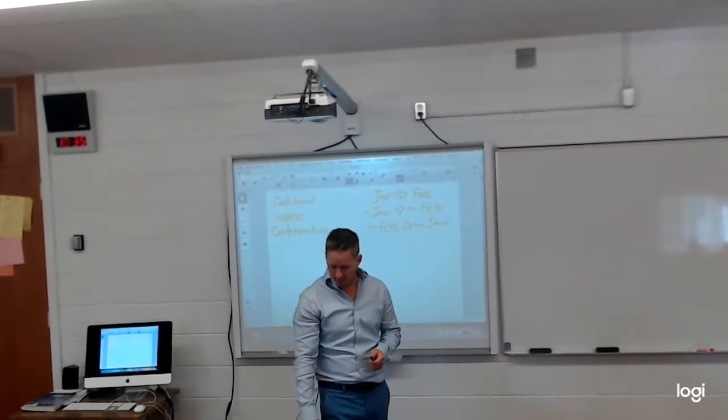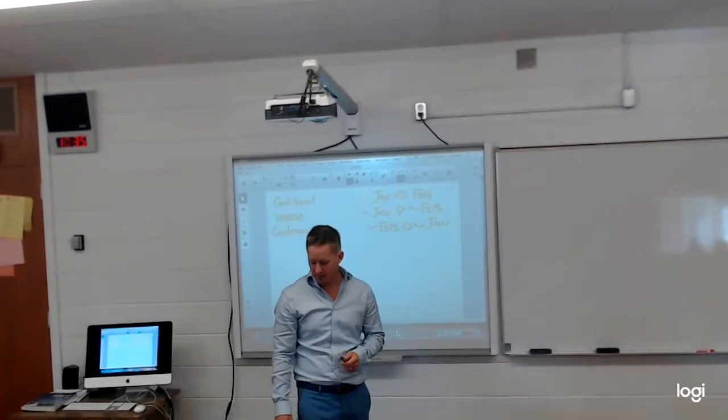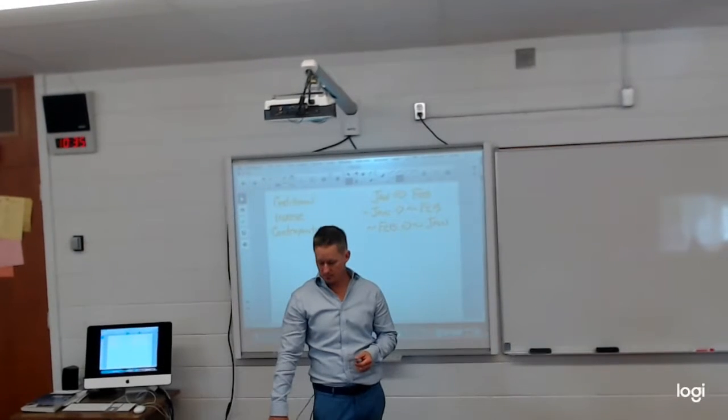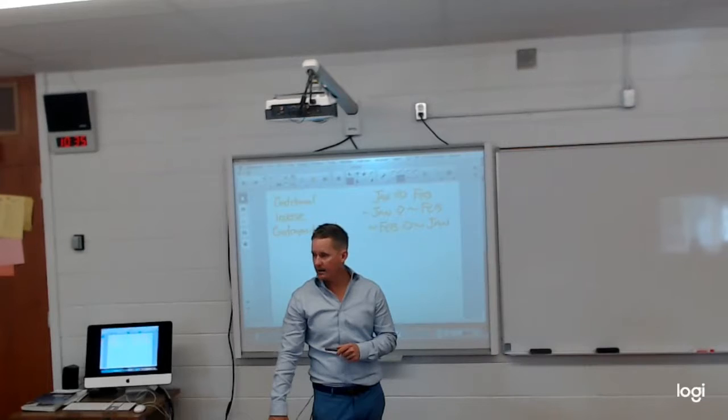Okay. I form the contrapositive by switching the negated hypothesis and conclusion. If the next month is not February, then this month is not January. Agreed? So the false, false, again, makes a true statement.